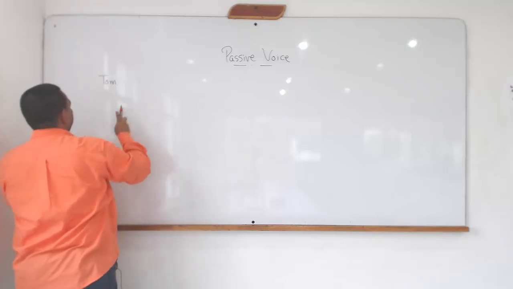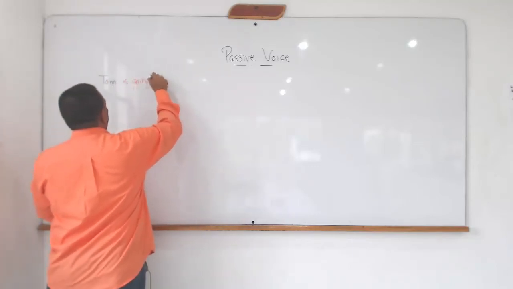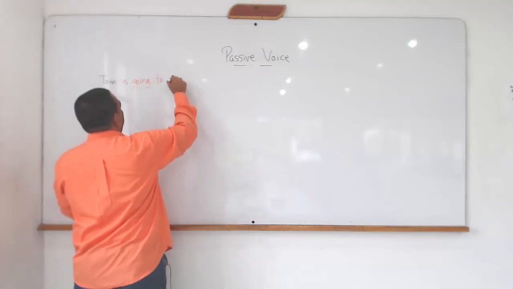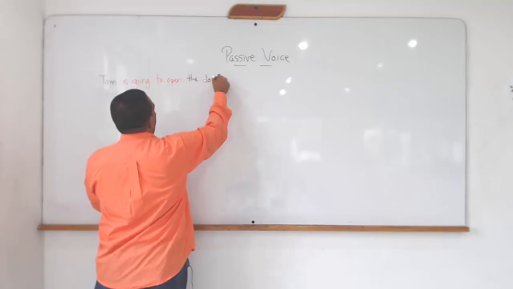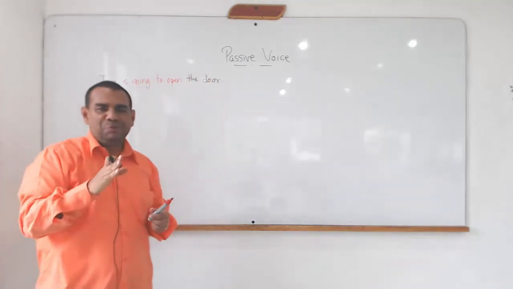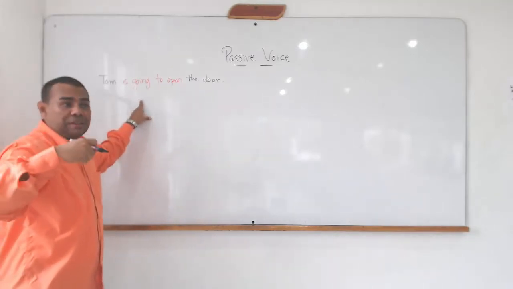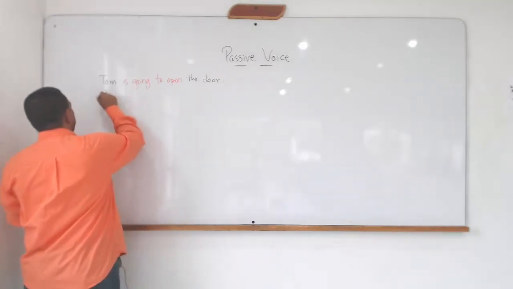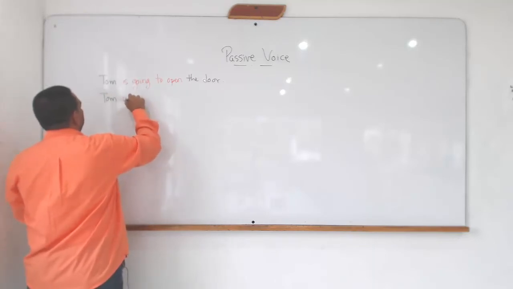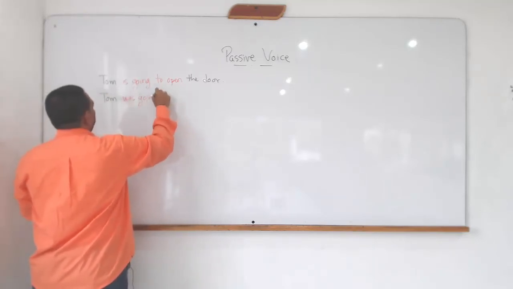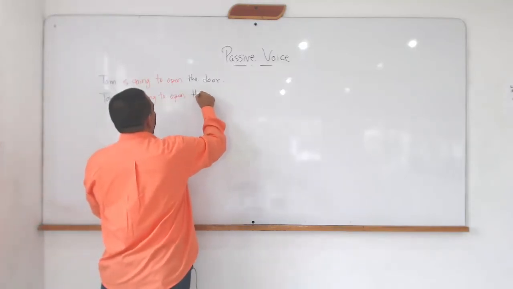Tom is going to open the door. This is future with going to, be plus going to. Now the future seen from the past. Tom was going to open the door.